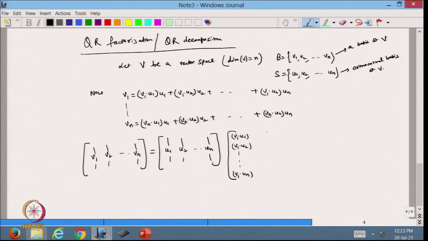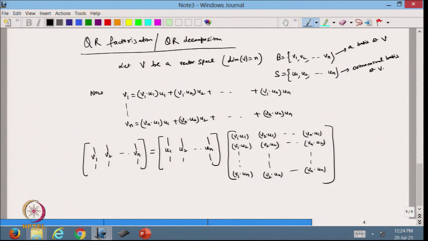Now, from here I can write the same thing with V2, up to V2 dot Un, and in the end we will get Vn dot U1, Vn dot U2, and Vn dot Un, all dot products.